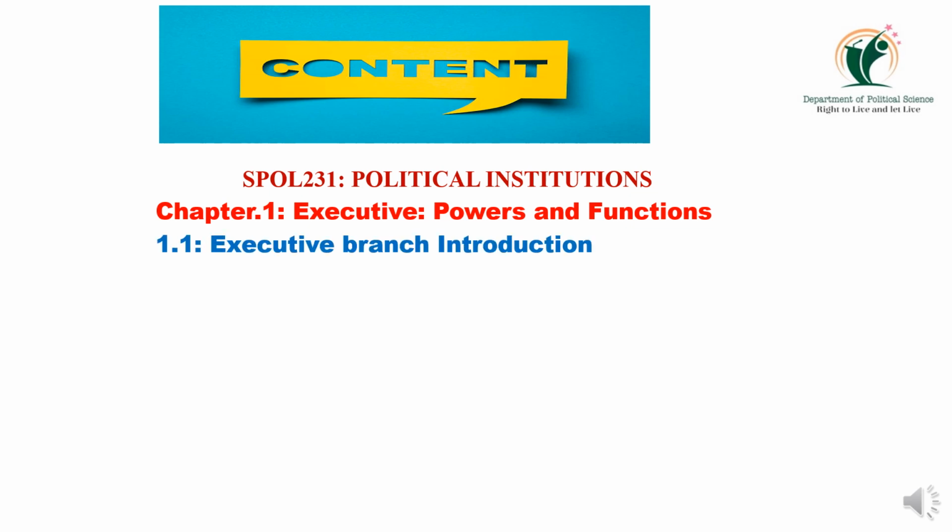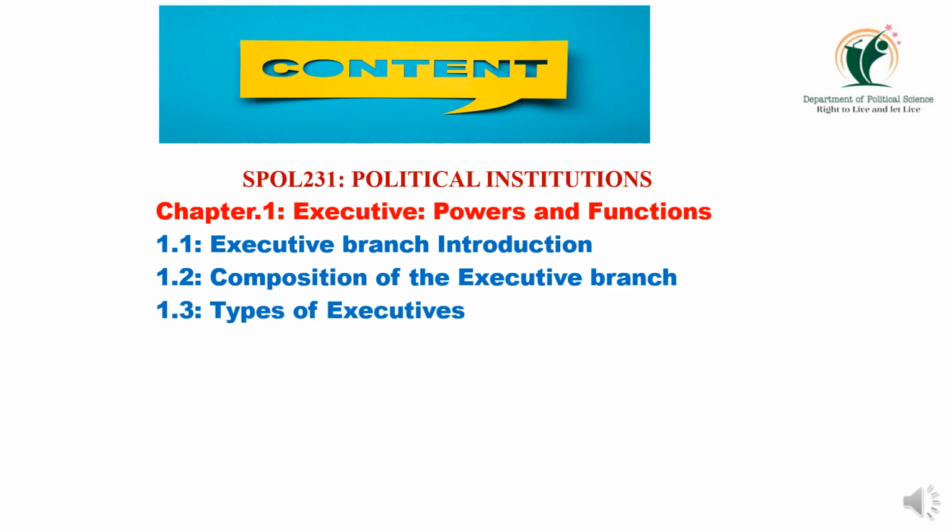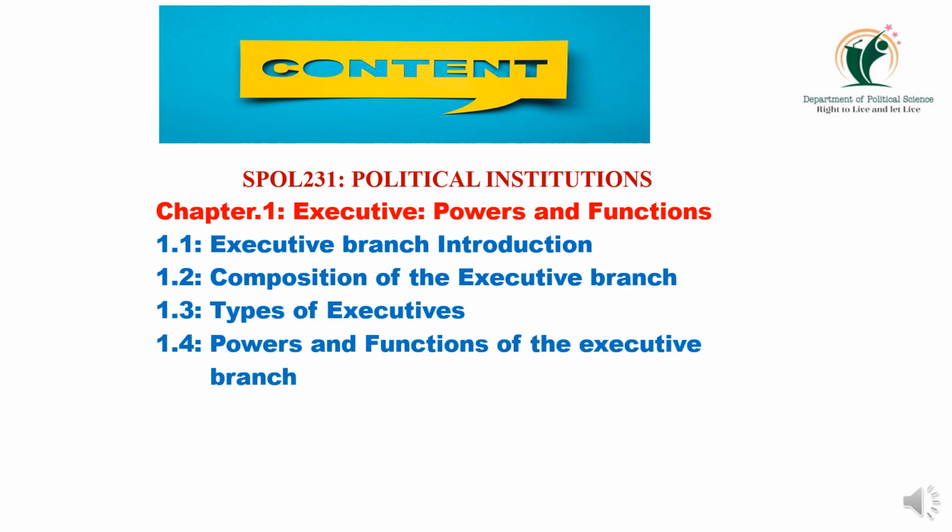The contents of this chapter are executive branch introduction, composition of the executive branch, types of executive, powers and functions of the executive branch, and finally conclusion. Now let's go into the lesson and look at the executive types, powers and functions.